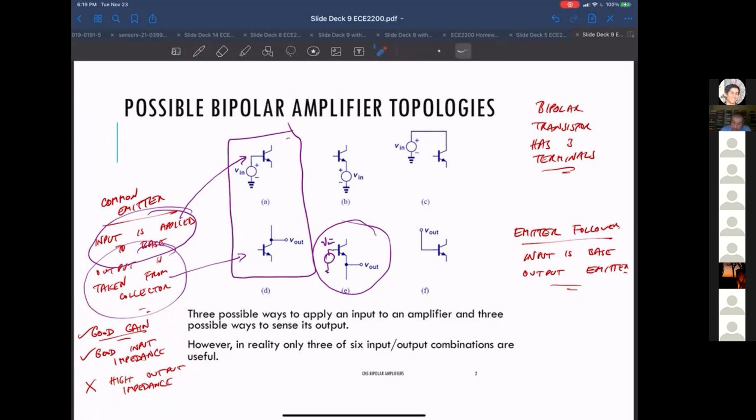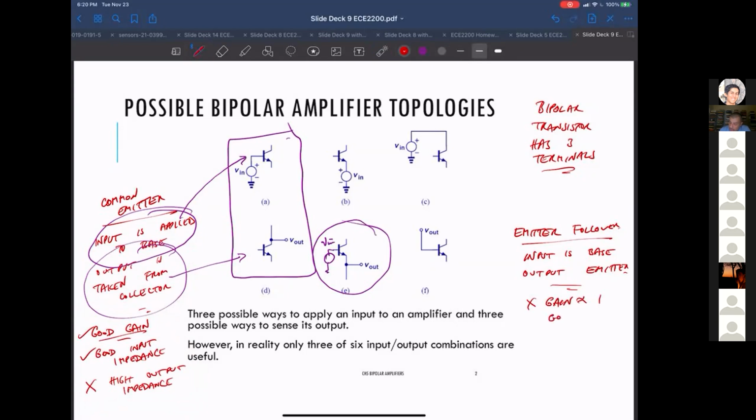This emitter follower has a gain of approximately 1, so we can't really use it to gain up the signal. It's really very close to a gain of 1.